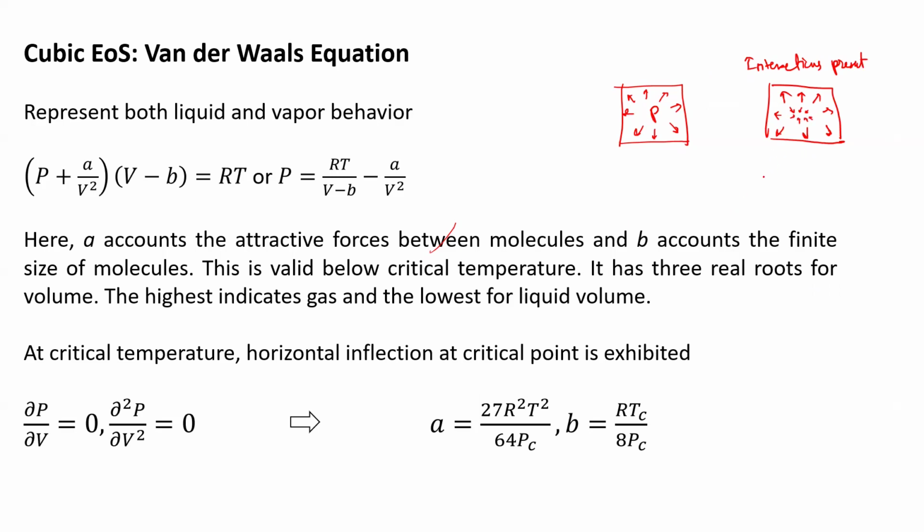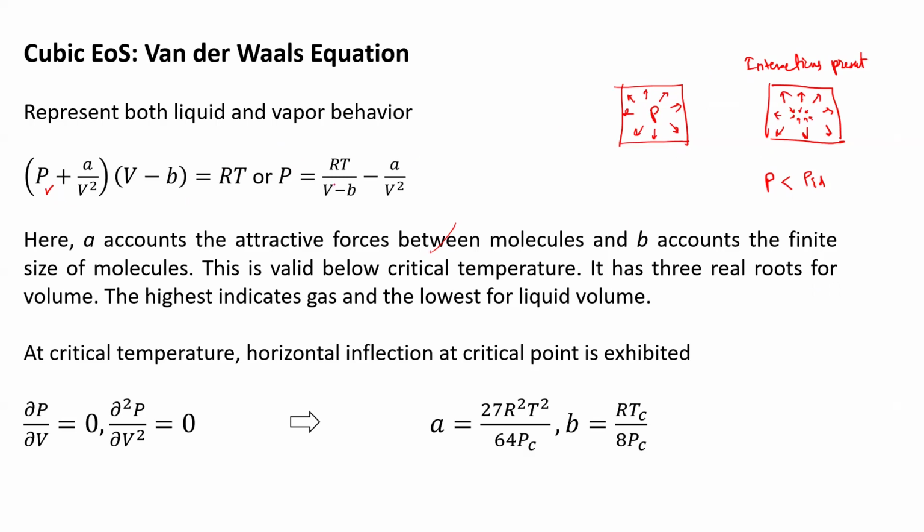So that's why the total pressure becomes less than P ideal. That's why we are adding that term to the actual pressure.